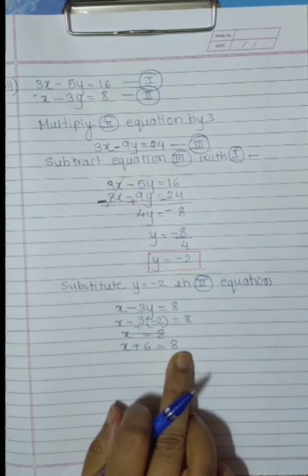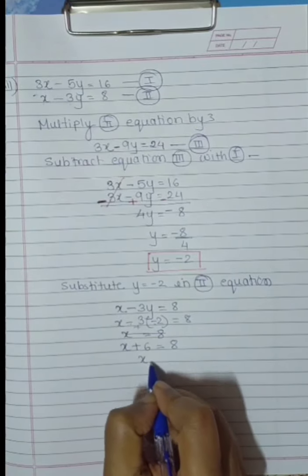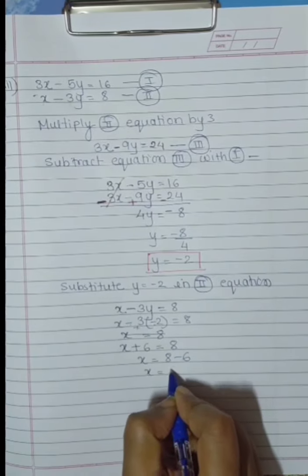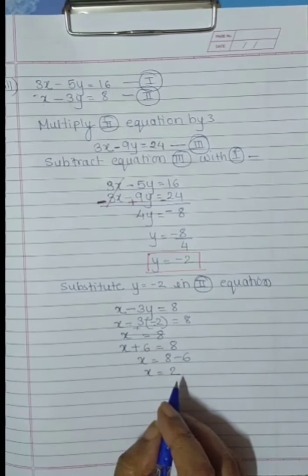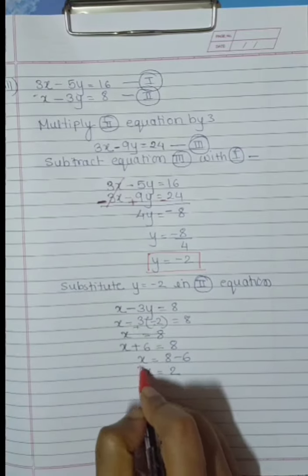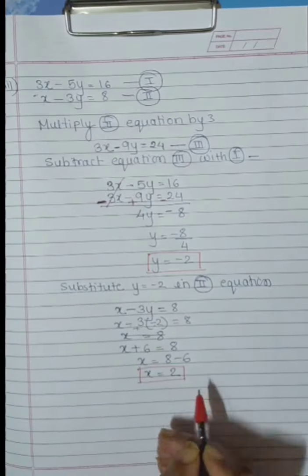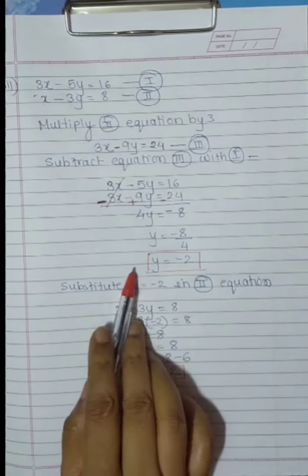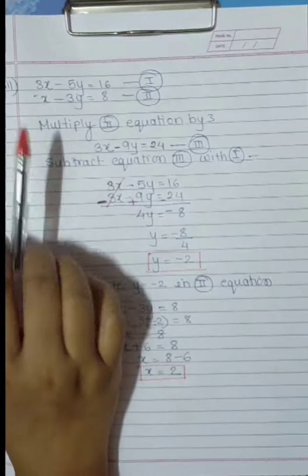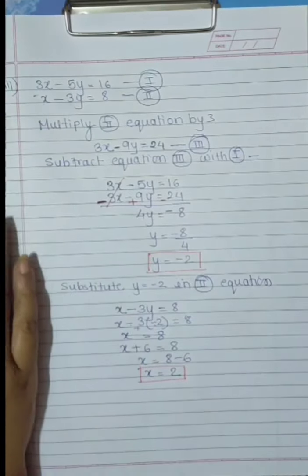Okay, after this x is equal to 8 minus 6. Now x is equal to 2 will come. Okay, I hope you understood. Now we got the answer: x value is 2, y is minus 2. I hope you understood question number 3.